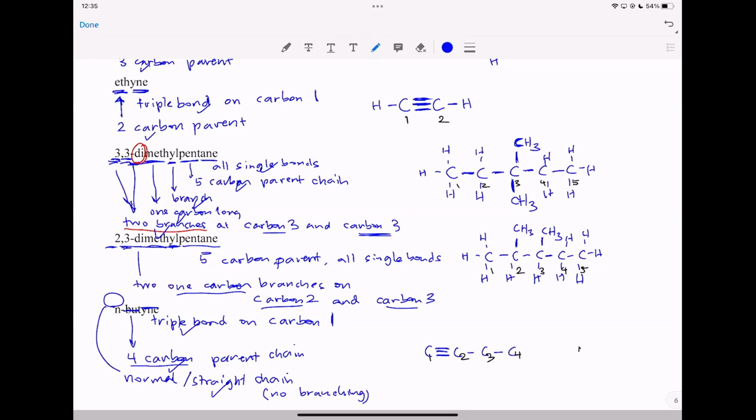So once you've satisfied all that, make sure every carbon has 4 bonds coming out of it, and add hydrogens to the ends of those. Okay, this happens when I get to the bottom, but that is the structure of N-butyne.